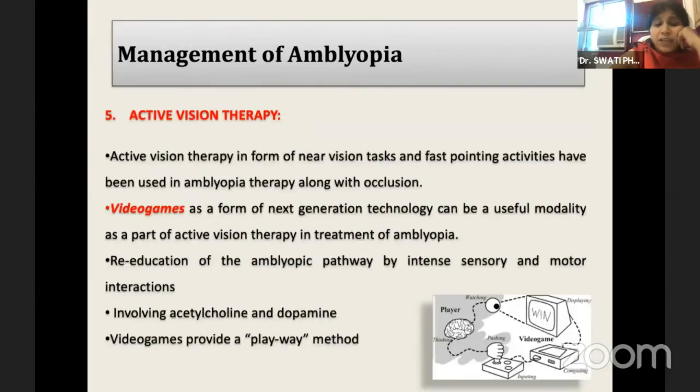Active vision therapy is coming up in a big way in the management of amblyopia in the form of video games, because they not only develop interest in the patient, they also cause active involvement of the cytokinin and dopamine pathway, and that kind of stimulates the cortex.